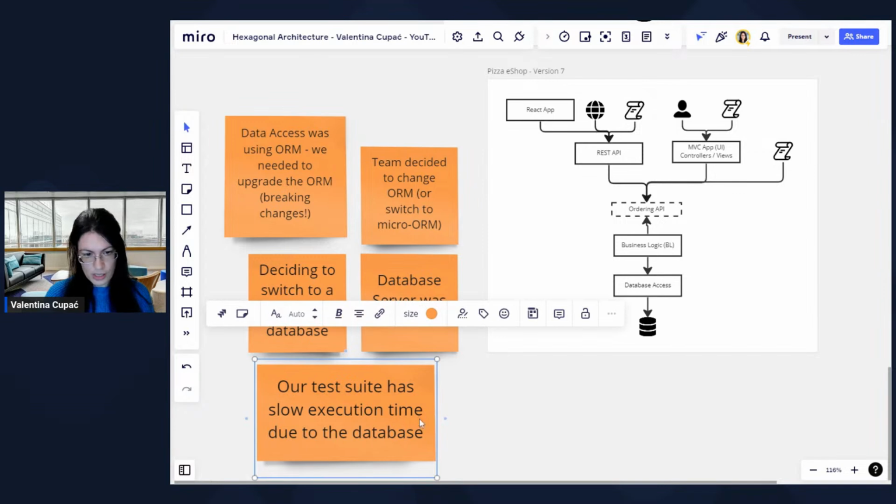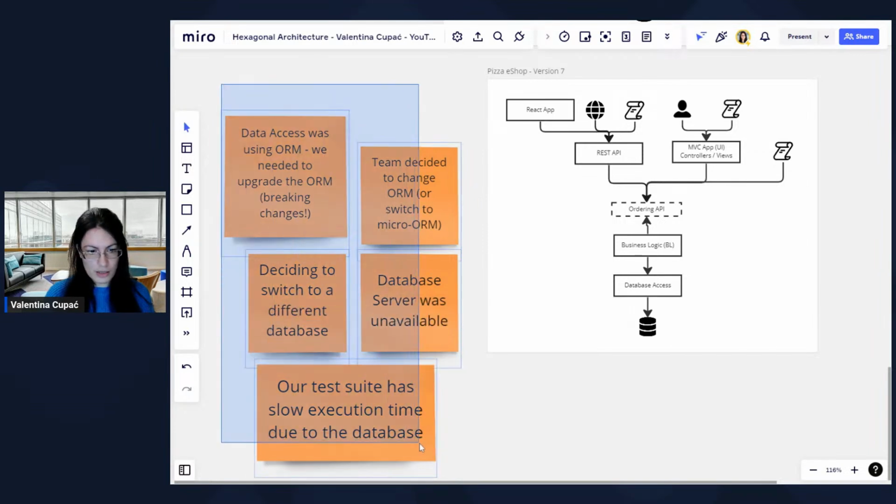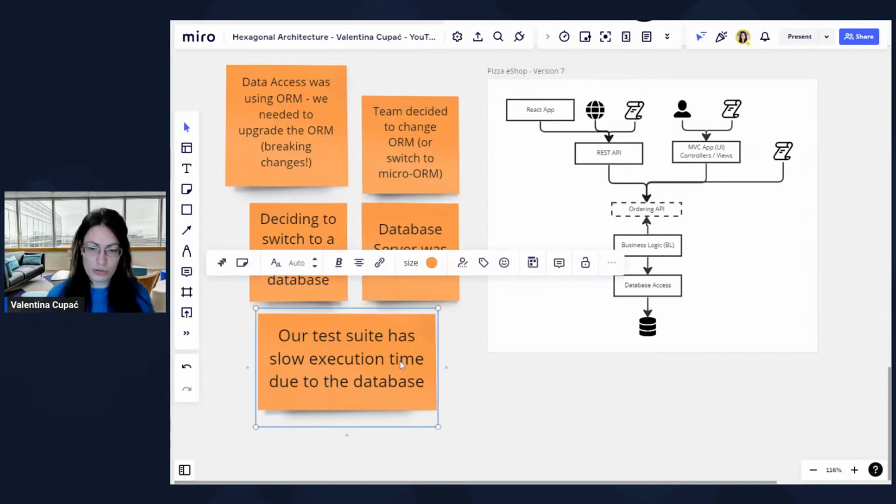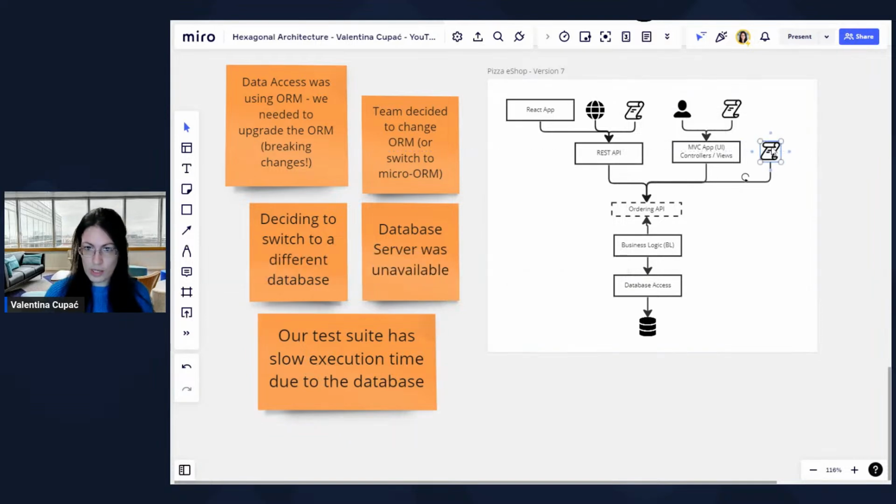And each test is directly hitting the database. It means that our test suite could be taking several minutes to execute. So this particular test suite is slow because we can see here that it's indirectly depending on the database. So the question is, is there a solution?